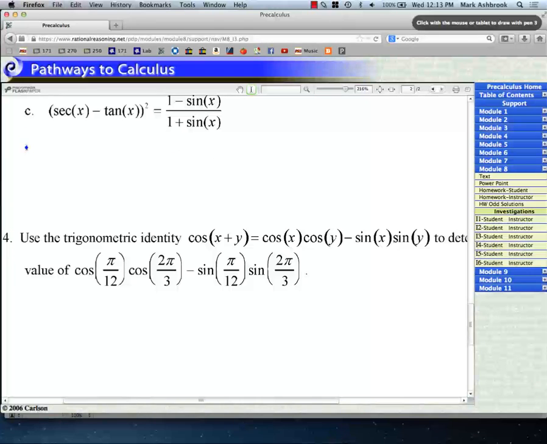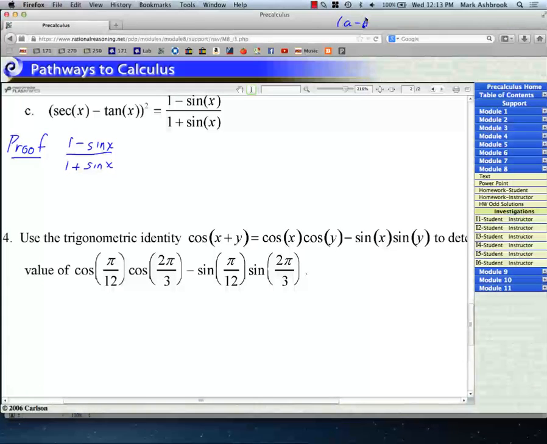All right, so there is something we can do, and I want to show you this technique that you might not be familiar with. We're going to start the proof here by looking at the right side first. There's this formula in algebra that you all have seen before, a minus b times a plus b.